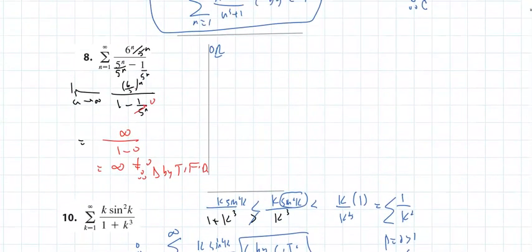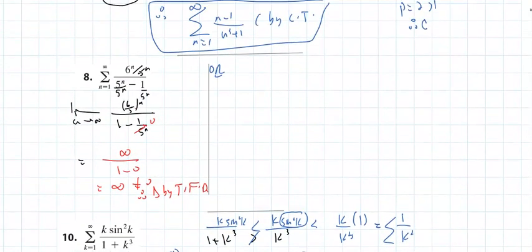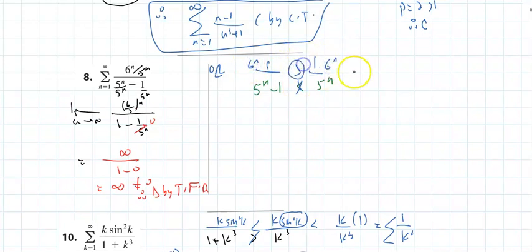Okay, now let me go back and do that. It seems I have to have time in this video. So here, instead of doing what I just did, I could have said, let me look at that slightly differently. Let me look at 5n minus 1 and 5n. This is definitely smaller than that. And when I put 1 over, that will switch. And if I now multiply by 6 to the n, if you multiply by a positive, this inequality holds.